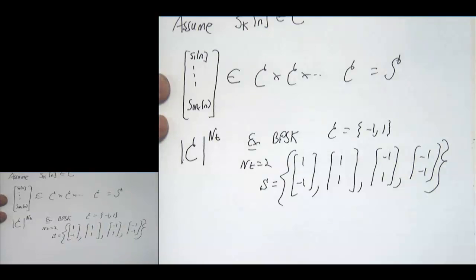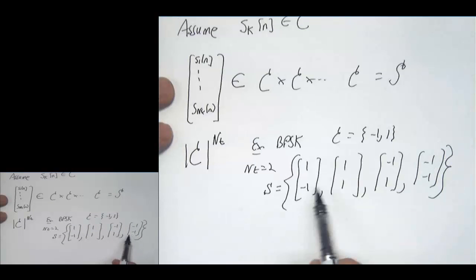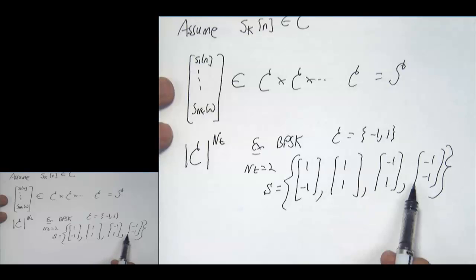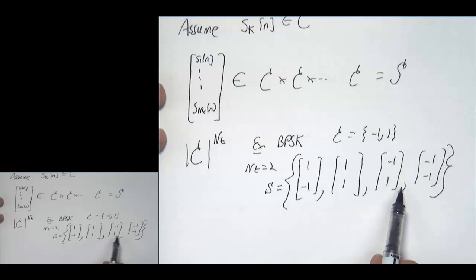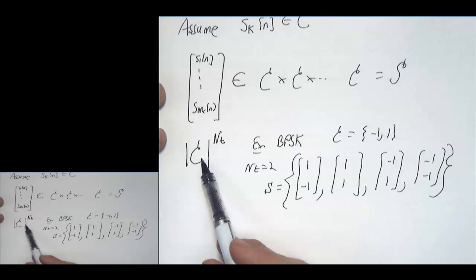So in this case, our vector constellation is these 4 points, and the detector would have to pick one of these 4 points based on the observation to see which was the best one. Now, if I had nt equals 3, I'd have 2 times 2 times 2, so I'd have 8 possible vector values, and so on.